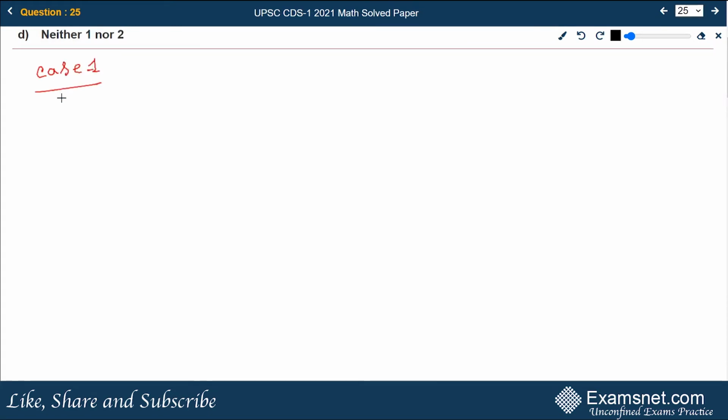Case 1, that is x is directly proportional to z. So I can mathematically denote it this way, and y is directly proportional to z.